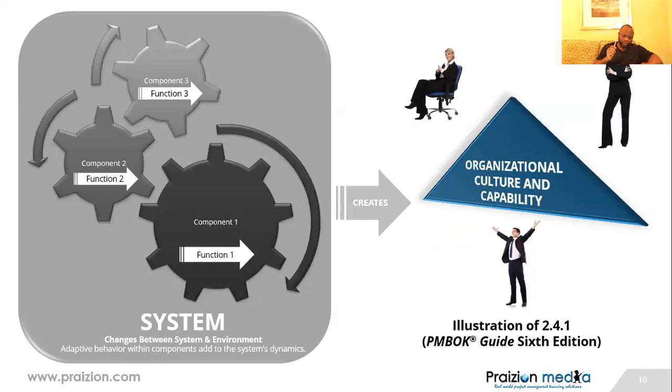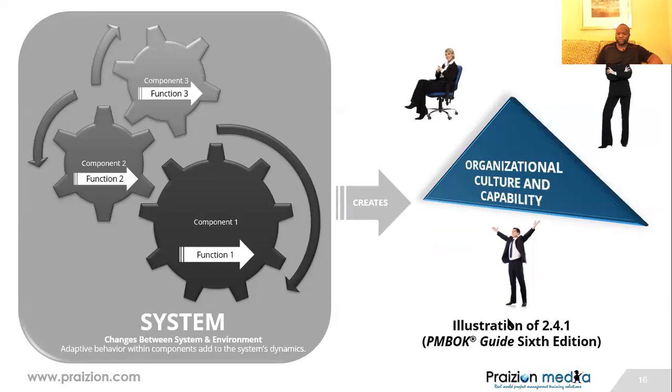So again, component one, you can think about that as your governance framework. Two, management elements. Three, organizational structure. But all of these together, it creates that system. And that is what leads to your organization's culture, your organization's capability, so on and so forth.